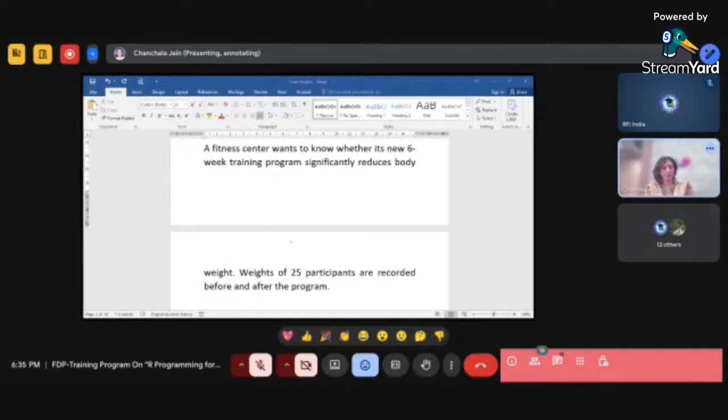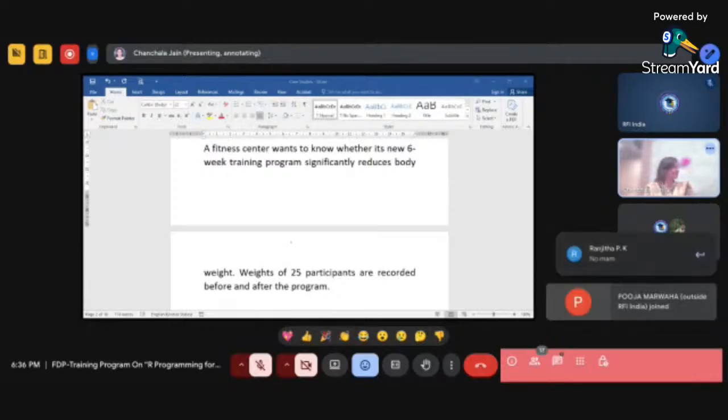Any opinion? Okay, Ramya ma'am is saying she is confused. Fine, no problem. Anyone else? Ranjita ma'am, according to you?